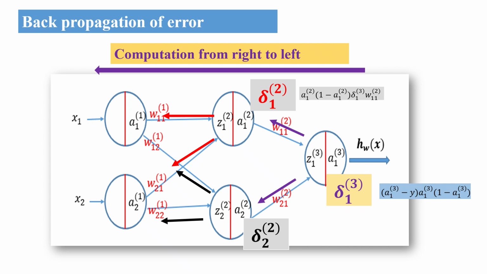This is delta 22, it is flowing through these black arrows, and this delta 12 is flowing through these arrows. So it is very nice to see how the backward propagation of error is flowing in a similar manner as the forward propagation of computations was seen to move. So this is a very nice analogy, backward propagation of errors and forward computation of the outputs.